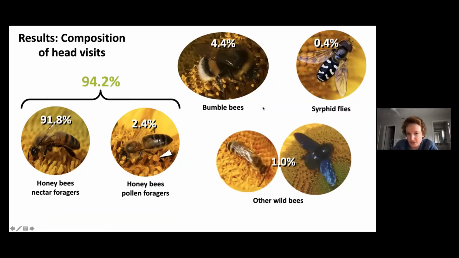There were also some bumblebees, 4.4%, 1% of wild bees, and 0.4% of syrphid flies. So we can see here that the pollinator community was composed mainly of honeybees.